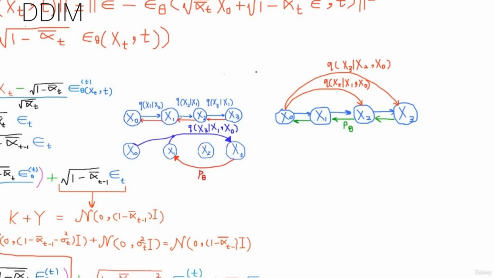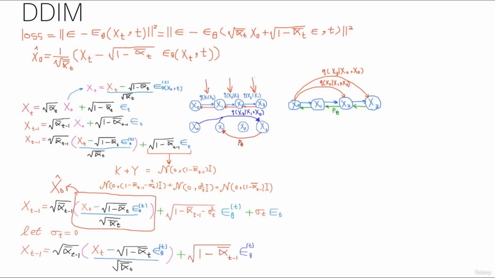In this example, we need to use our diffusion model 3 times. Here to move from x3 to x2, here to move from x2 to x1, and here to move from x1 to x0. So now how can we break this Markov chain? We will do that by using our reparameterization trick.